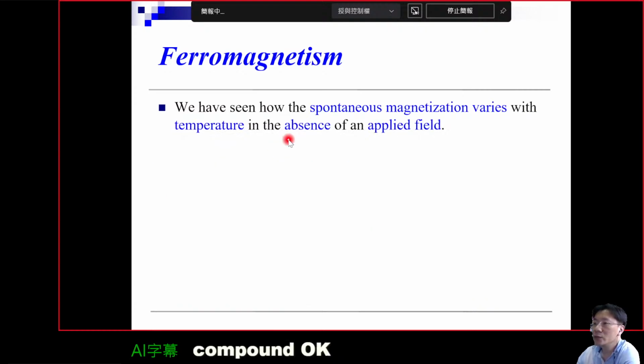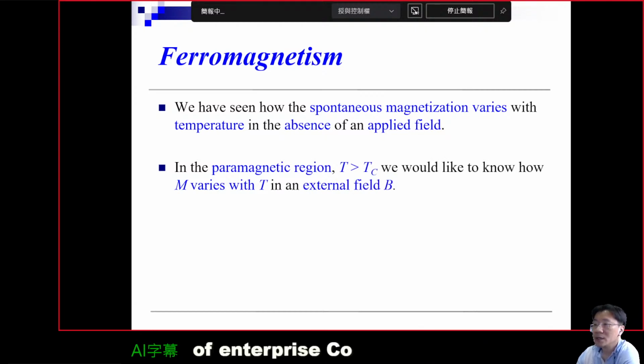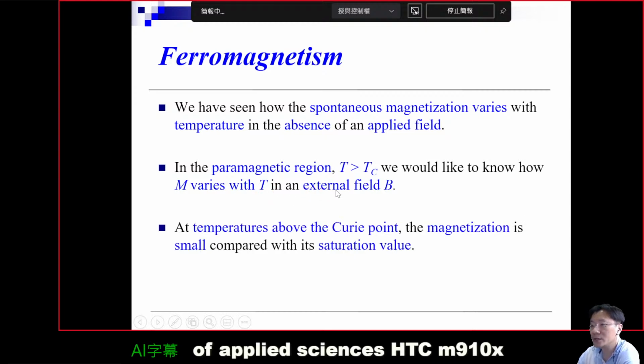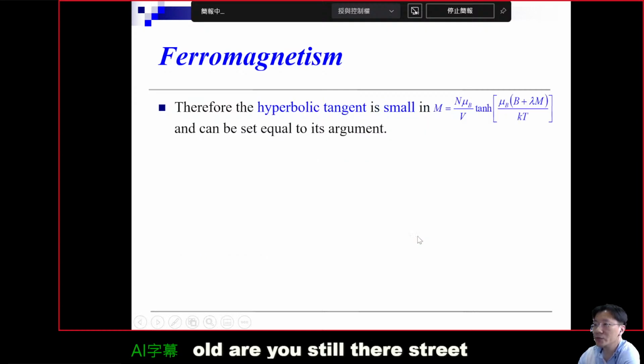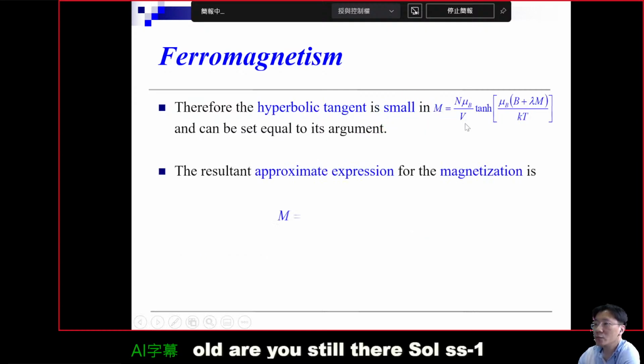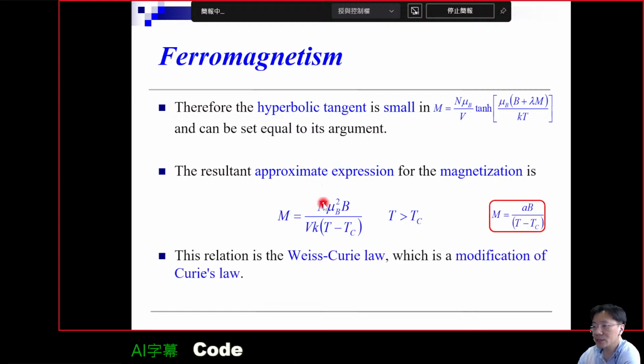Okay, so we have already seen how the spontaneous magnetization varies with temperature in the absence of an applied field. In the paramagnetic region, T is larger than Tc, and we would like to know how M varies with T in an external field. When the temperature is above the Curie point, the magnetization is small compared to the saturation value, and this would be rewritten in this form, which we call the Weiss-Curie law, or sometimes the Curie-Weiss law.